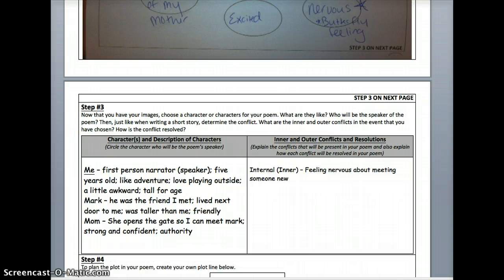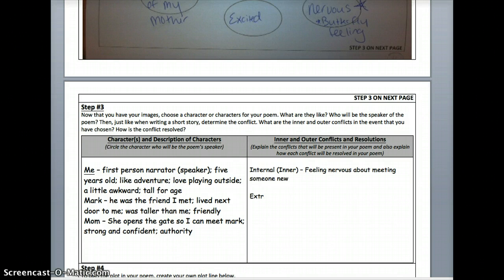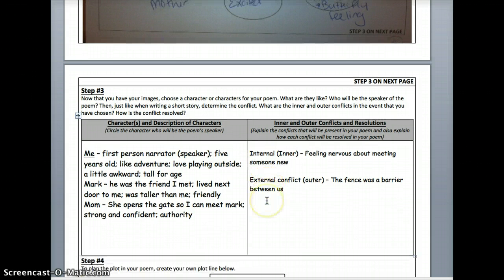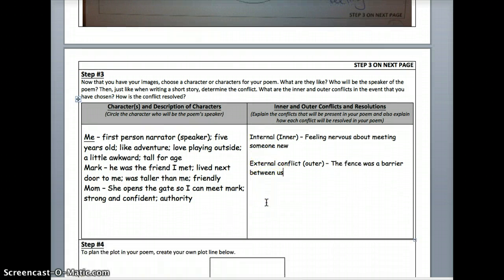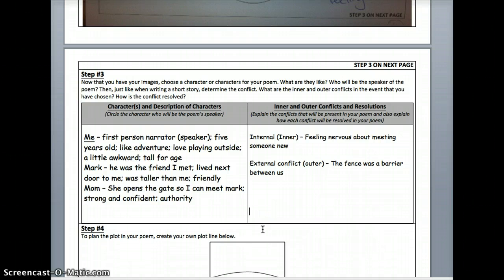So that's an inner conflict. An external conflict, and you guys probably already know what this one is going to be. The fence was a barrier between us, right? We couldn't meet until we bridged that fence. So that's actually like the physical conflict that is external.